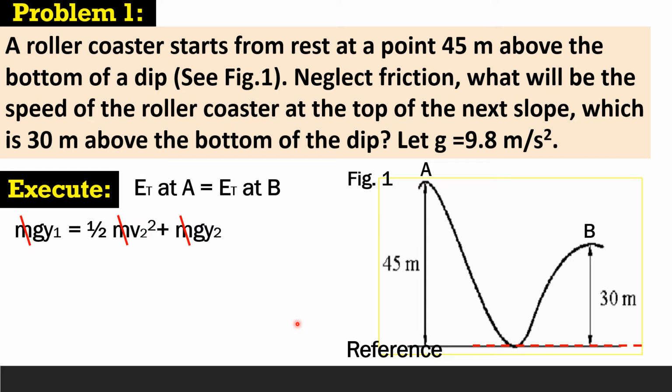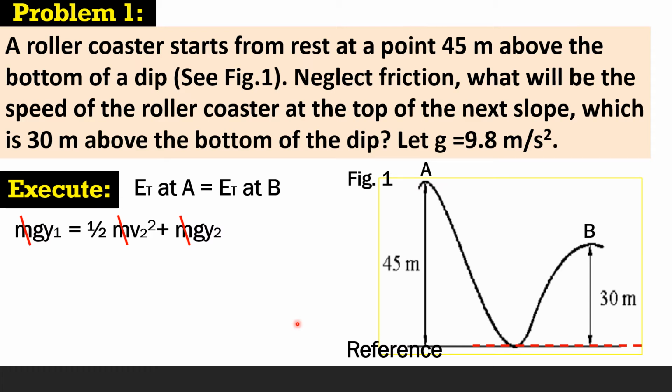In other words, there is no need to know the mass of the roller coaster in order to find the velocity or the speed it acquires when it reaches point B. It seems that the mass of the body being considered is in fact immaterial.